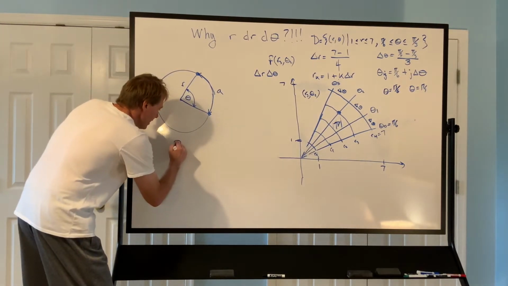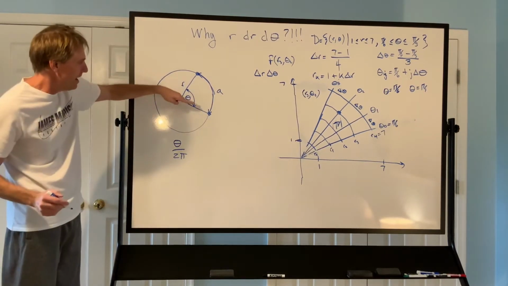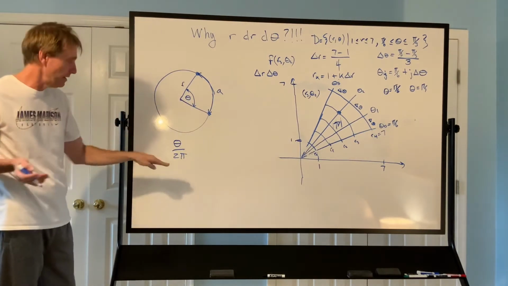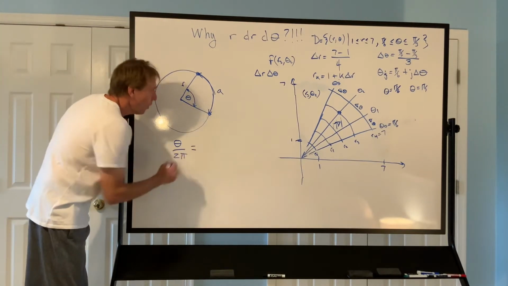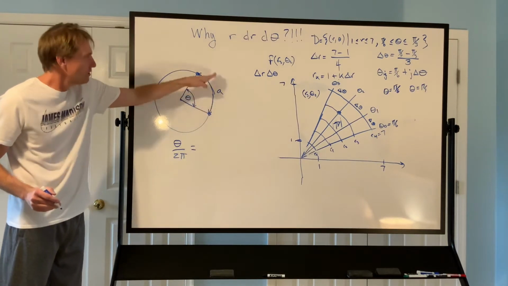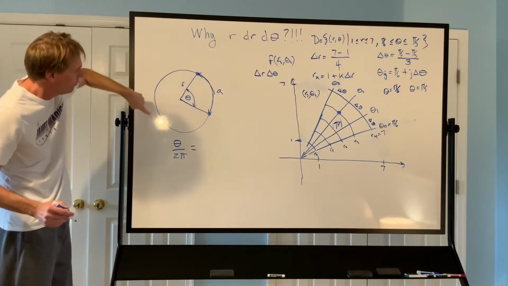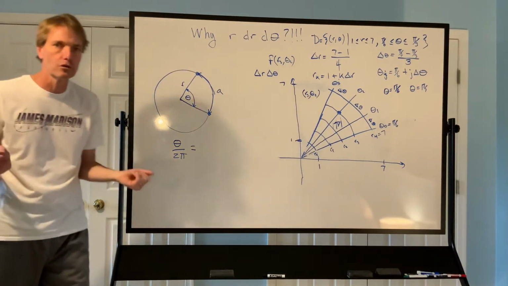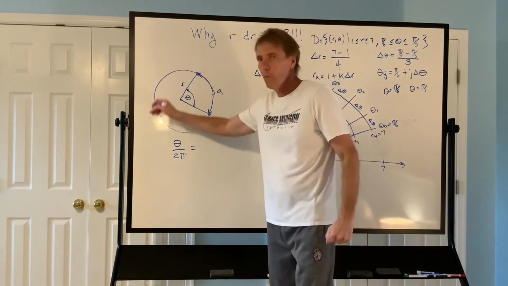So theta over 2 pi, my angular measure over the angular measure of the entire circle in radians, the Greeks told us is proportional to this arc over the distance all the way around the circle. Now, you should know how to find the distance all the way around the circle.